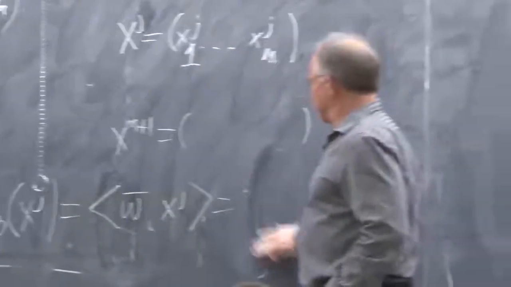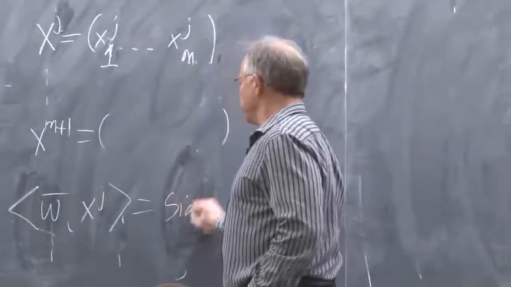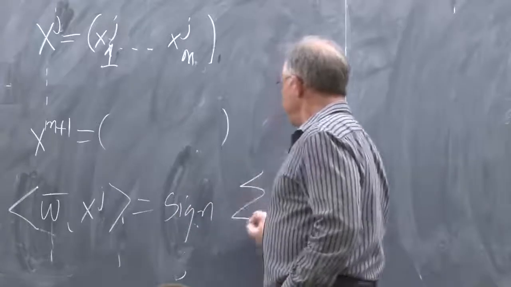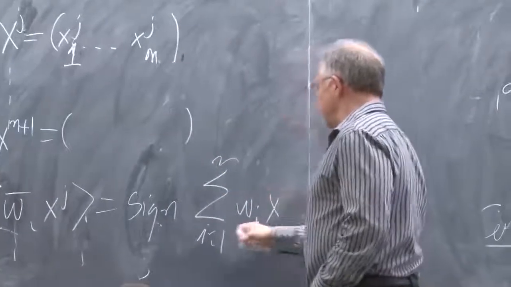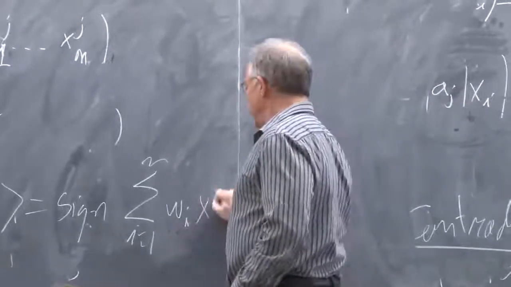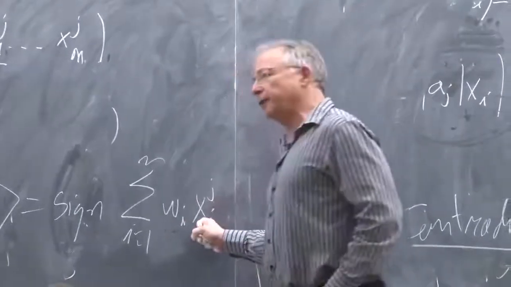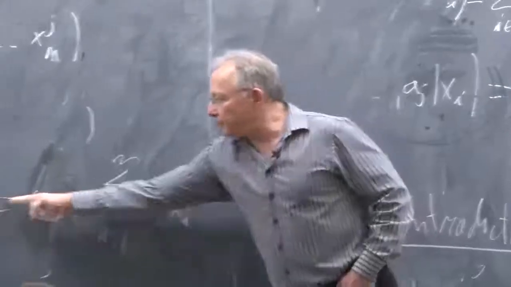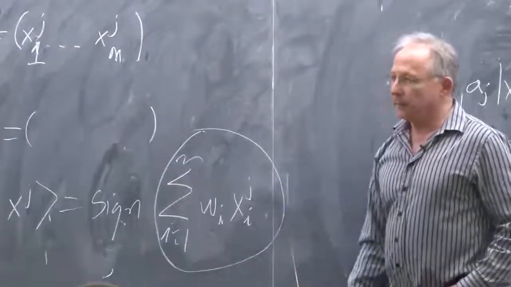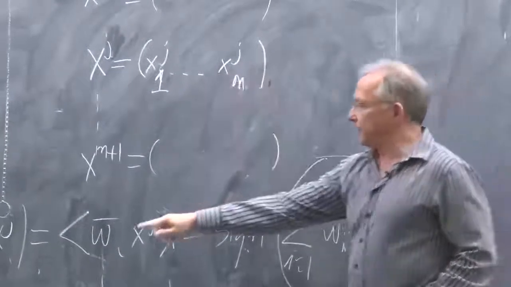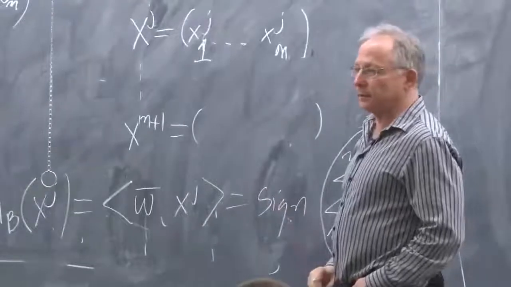It's the sign of the sum, i goes from 1 to n, of the wi coordinate of the coefficient times the i-th coordinate of xj. Now when I do this inner product, this is a real number. Okay? It was a vector, but with the dot product, it becomes a real number.